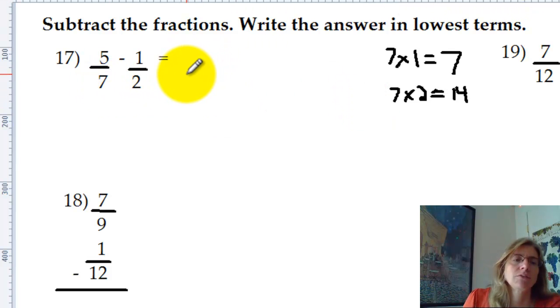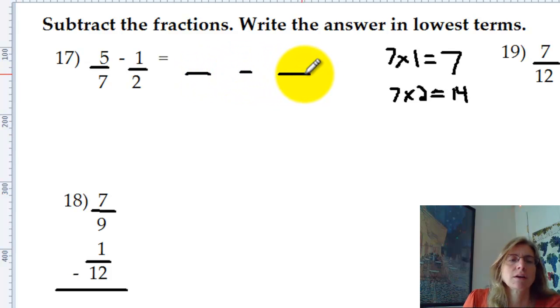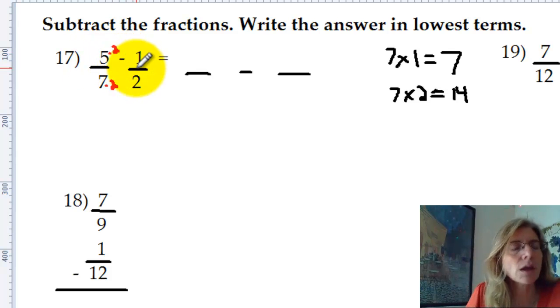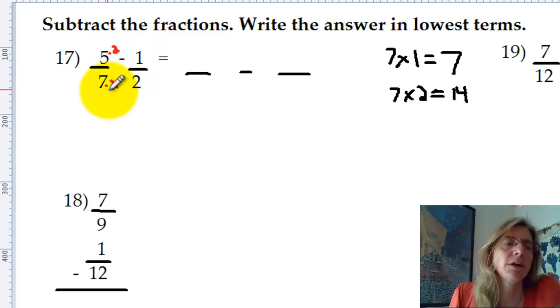To solve this horizontally, then, that's our subtraction sign. What we're doing, we're going to multiply 7 times 2, so we make the denominator of 14, which forces us to multiply 5 times the 2, the numerator times the same number, because you can only multiply a numerator and denominator by the same number to create an equivalent fraction.